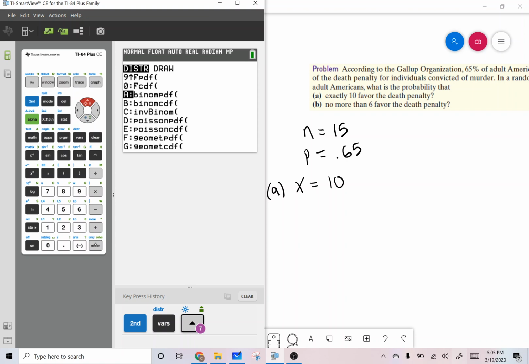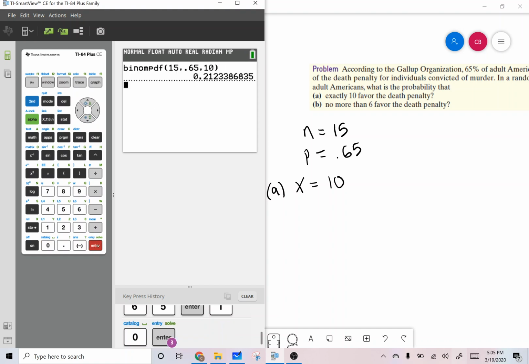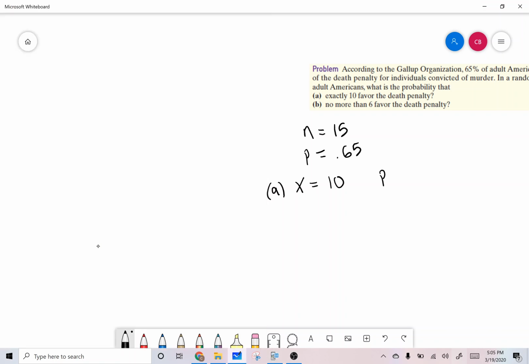So we're going to use that one and push enter. The number of trials is going to be 15 adults surveyed. The probability of success is 0.65. And the x value, we want exactly 10, so we're going to put 10. Paste, and we enter it, and this value is P of 10.